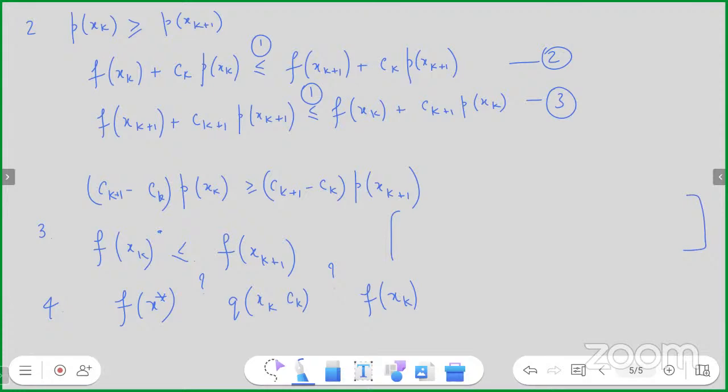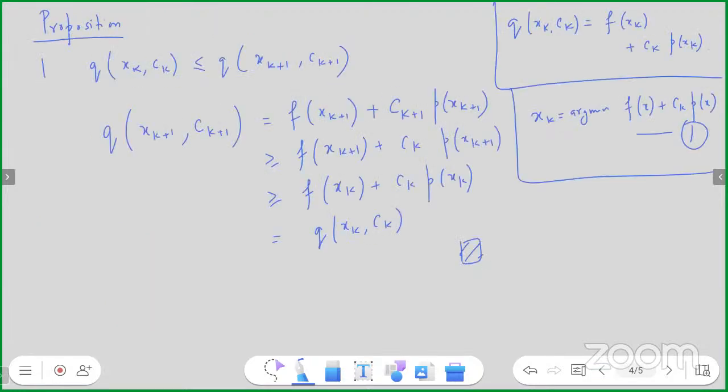Go to the definition. That's all. Q is increasing, first of all. Q has CK involved already. Since PK is decreasing and CK is increasing, you don't know which rate is higher.